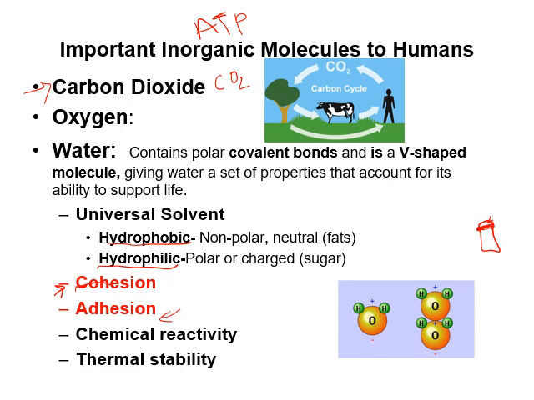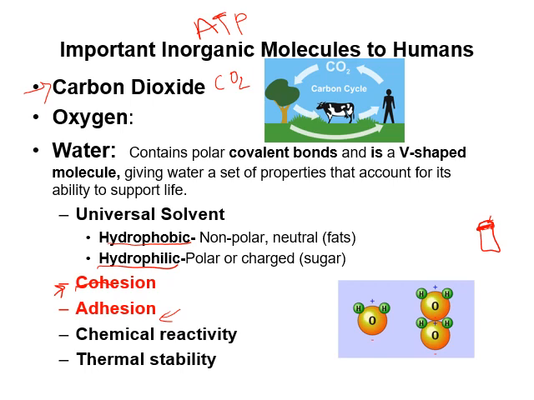So cohesion is when water attaches to water, and adhesion is when water attaches to other substances. For example, when you see a drop of water hanging down the edge of a leaf, that is because water has tried to hang on to the leaf as long as it can. So that property is known as adhesion.